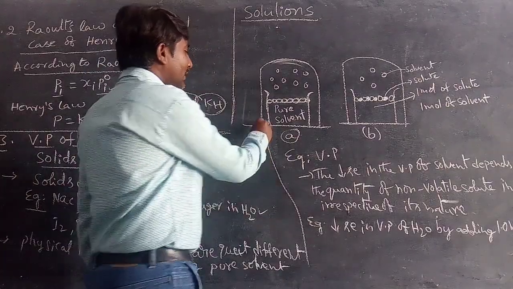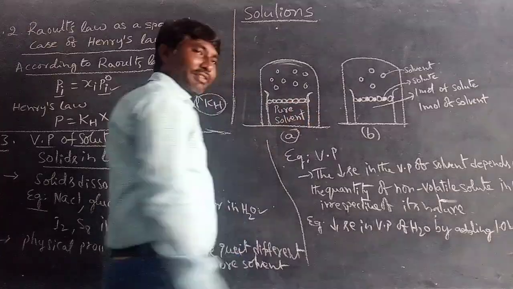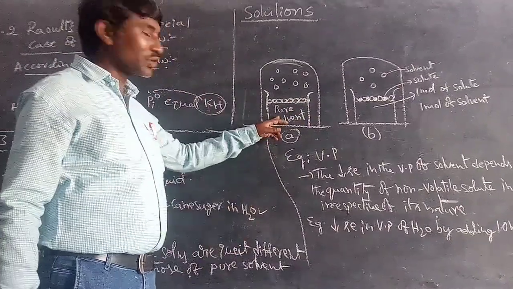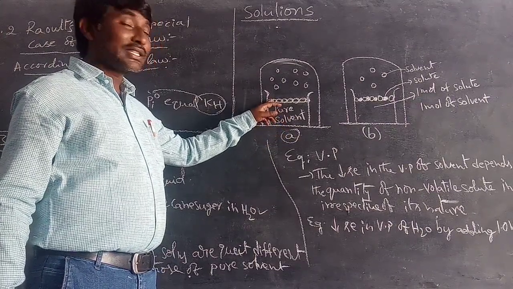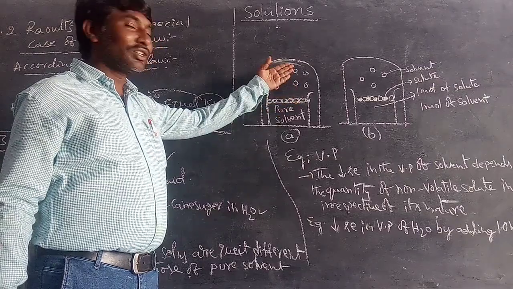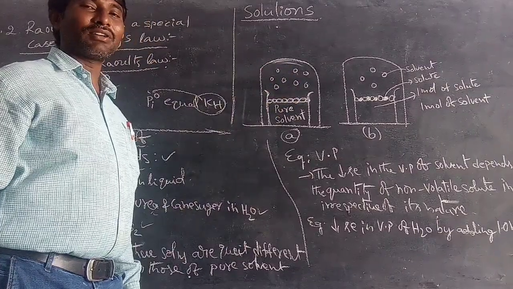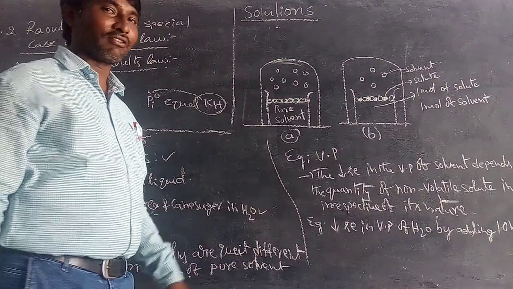What happens is that the molecules at the surface of the pure solvent easily escape from the surface and are converted into the gaseous state, the vapor phase.